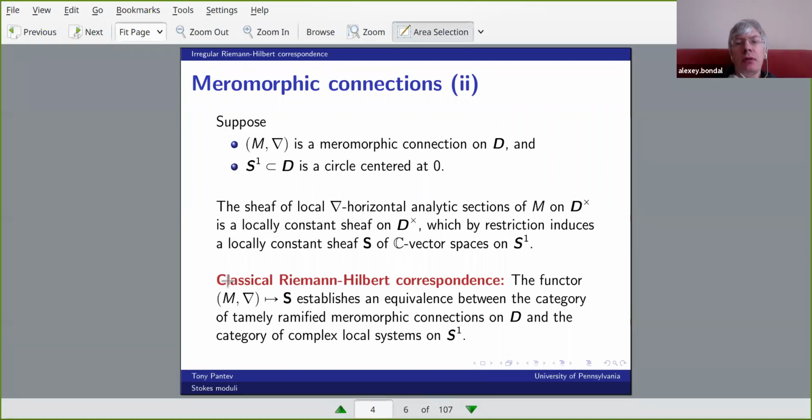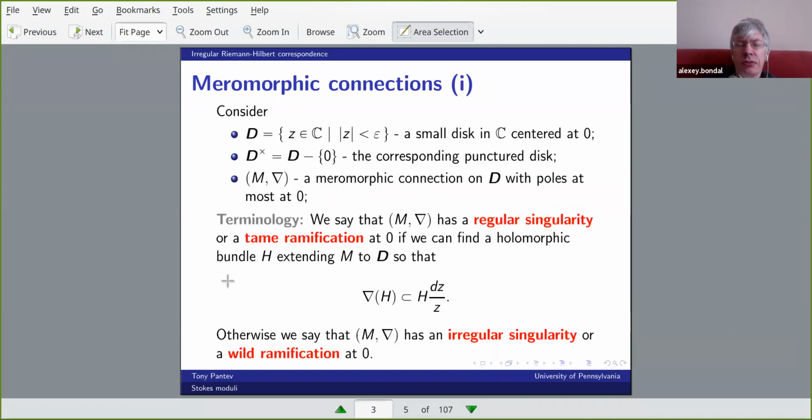Excuse me. Yeah. Hi, Tony. May I ask you? You said regular connections. How did you say in the previous slide? Regular singularity. Yeah. It's not quite this, right? There is some regularity. Is it about this? I mean, there is some growth in sectors. No. Regular singularity. There are no sectors.